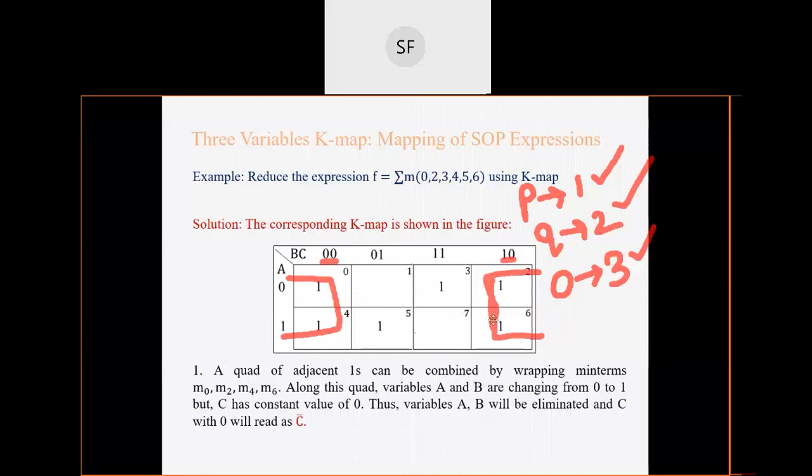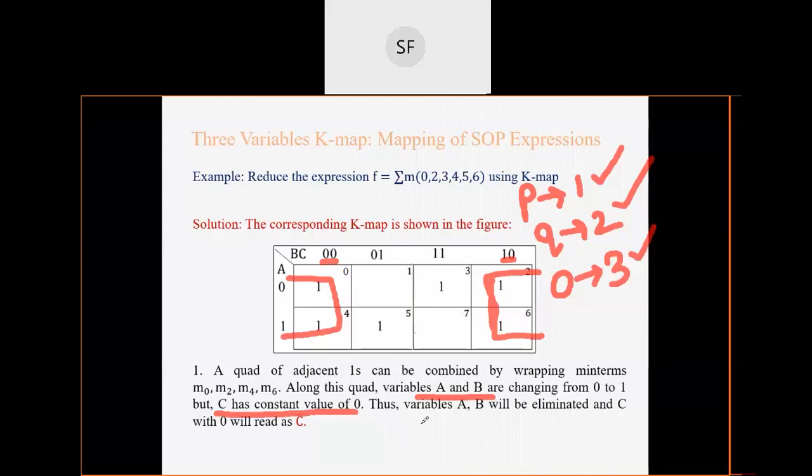So for this quad, variables A and B are changing their values from 0 to 1. But C is constant with the value 0. You can observe C is 0 here, for these two cells also, and for these two cells also C is 0. So that means for this quad, two variables are changing their value from 0 to 1, and these variables are A and B, whereas C is constant.